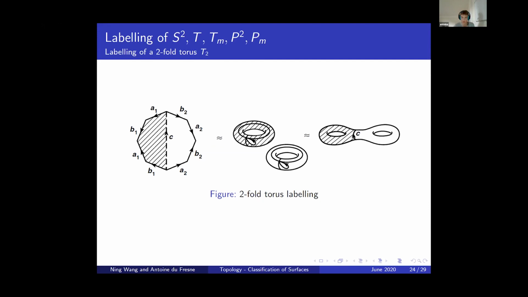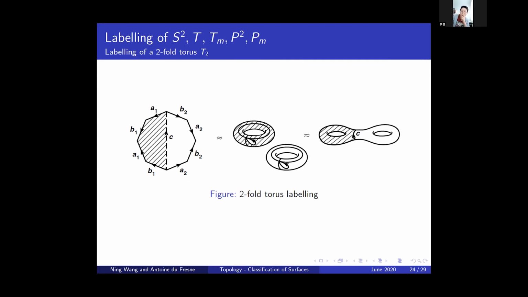So we take a torus, and we cut a disk out of each torus, and we paste them by identifying the same process, the quotient space, in the two boundaries of the disk. So it makes two donuts pasted, and this is a twofold torus.